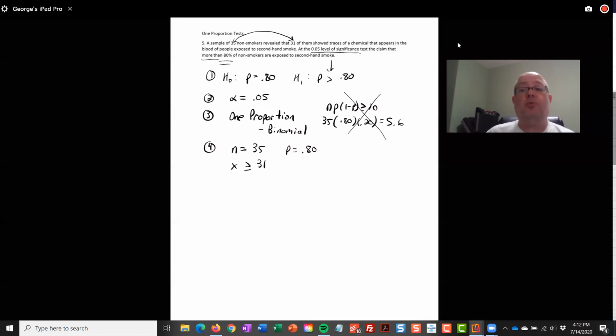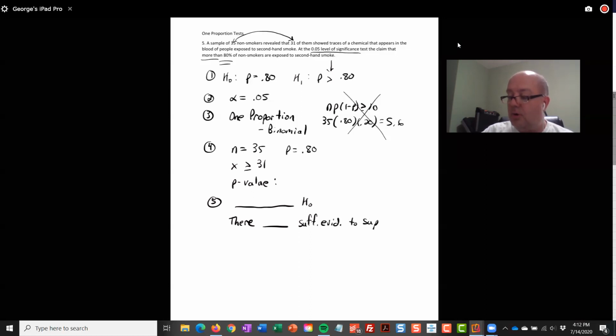Okay, in a moment, we're going to switch over to the StatCrunch screen, and we're going to calculate a p-value. From there, we're going to make a decision about the null hypothesis, whether we reject it or fail to reject it. And then we're going to say that there either is or is not sufficient evidence to support what H1 says.